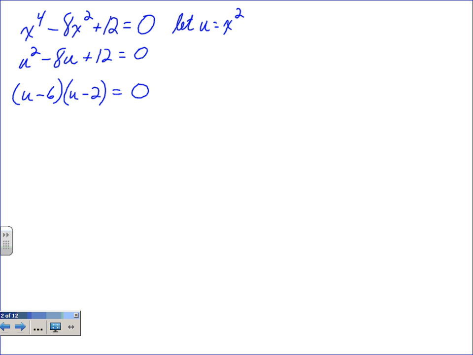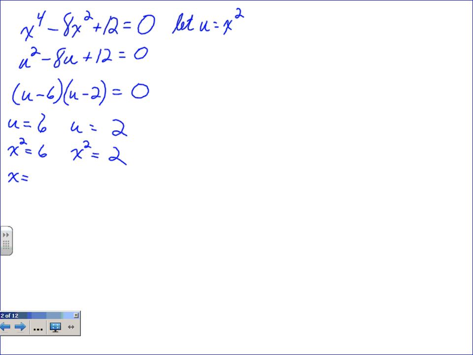All right, so what are the zeros? U would equal 6, and u would equal 2. All right, I've solved for u. Now what is u? X squared. X squared equals 6. X squared equals 2. And what does x equal?